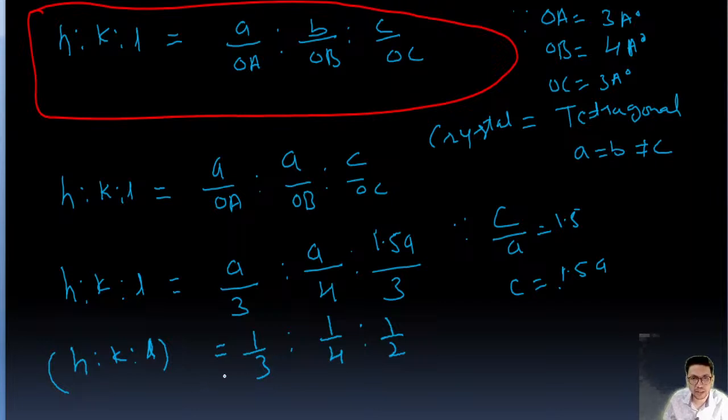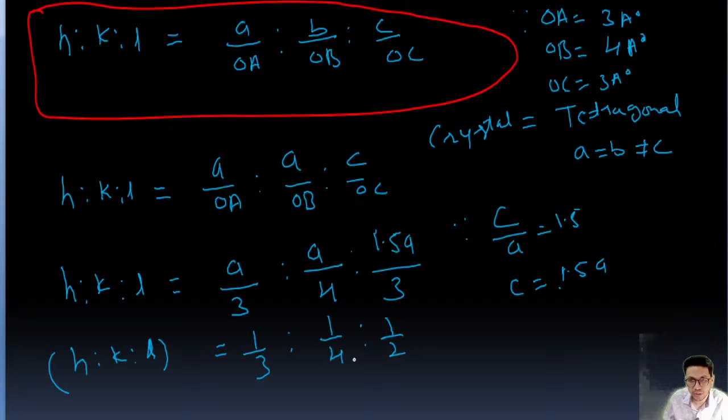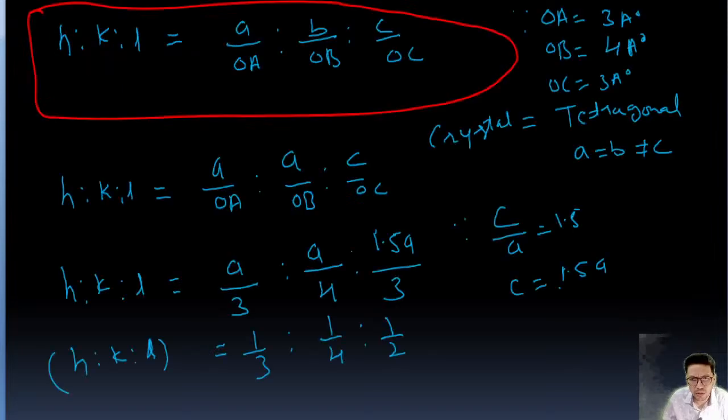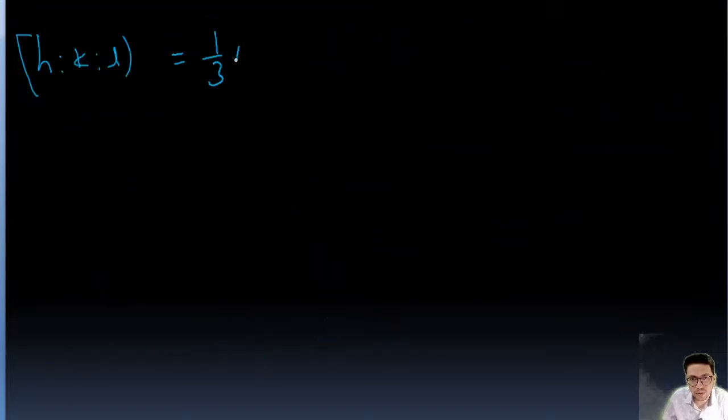We cannot write Miller indices as fractions. So we'll take the LCM, which is 12, and multiply these three terms by 12 to make these values integers. So 1 upon 3 into 12, 1 upon 4 into 12, 1 upon 3 into 12.